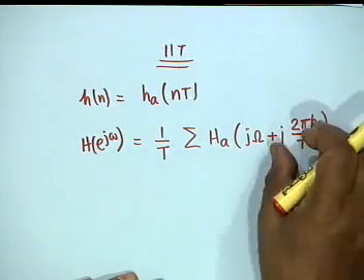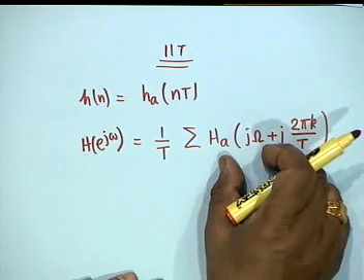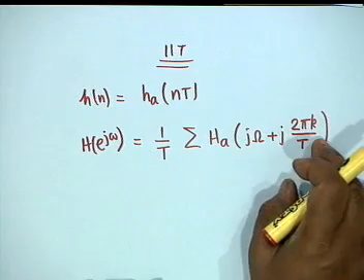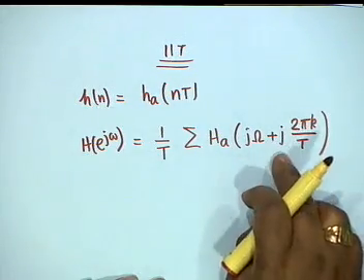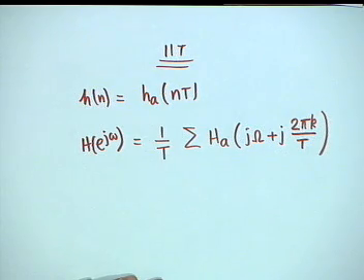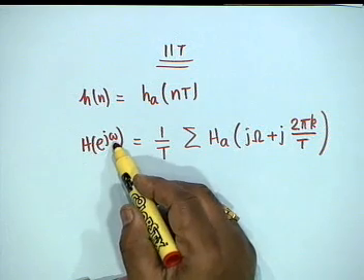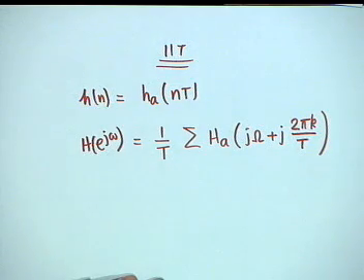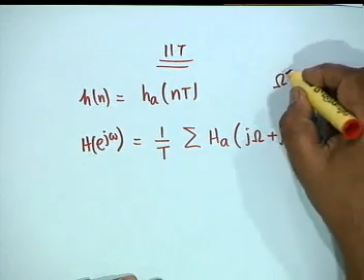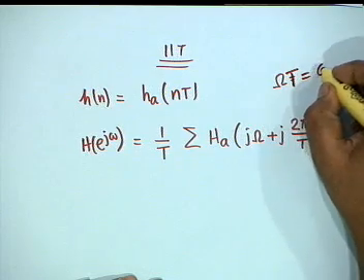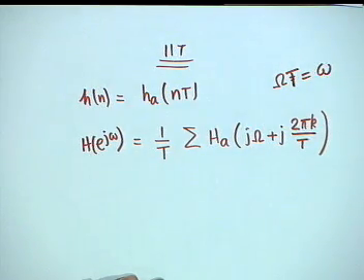k equal to 0 gives the basic spectrum, k equal to 1 the spectrum on the left, k equal to minus 1 the spectrum on the right, but they repeat after small omega equal to twice pi. The relationship between capital omega and small omega is capital omega T equal to small omega, right?